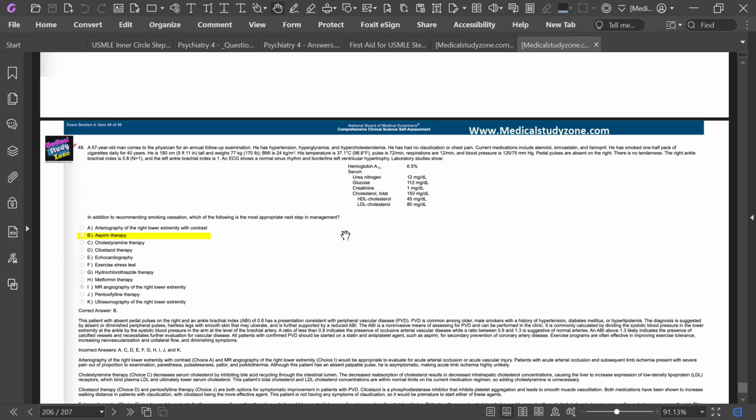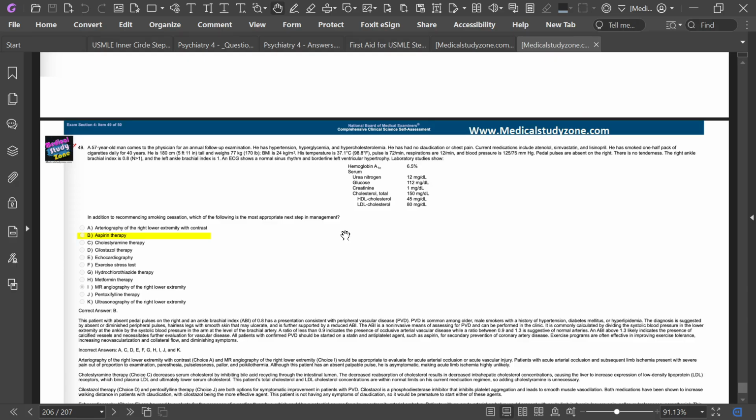A ratio of less than 0.9 indicates the presence of occlusive arterial vascular disease, while a ratio between 0.9 and 1.3 suggests normal arteries. An ankle brachial index above 1.3 likely indicates the presence of calcified vessels and necessitates further evaluation for vascular disease.